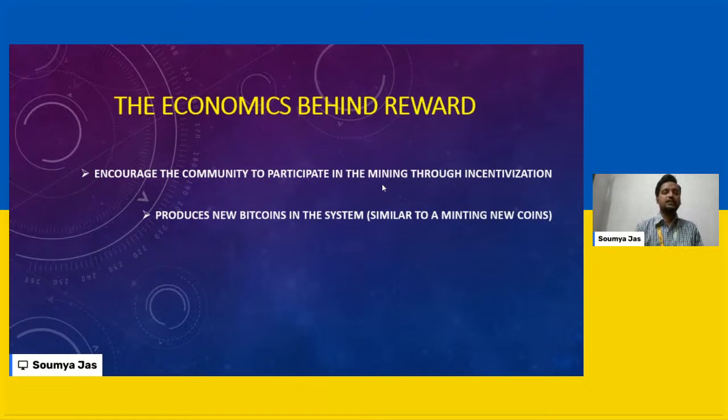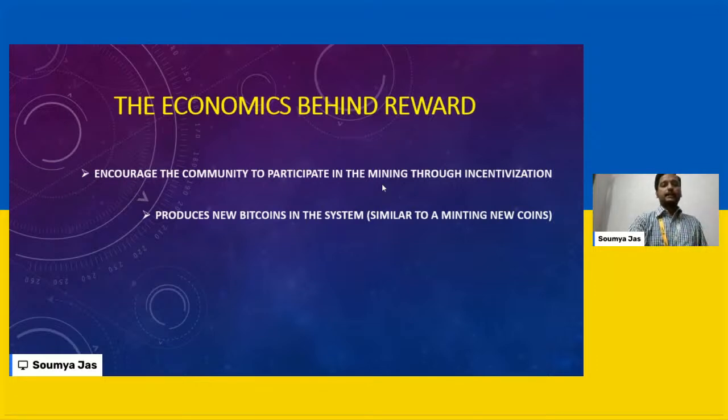So this is actually a negative aspect of cryptocurrency. The entire idea of a blockchain is built upon three pillars. The first is the distributed system. The second is the cryptographic technique that we use.